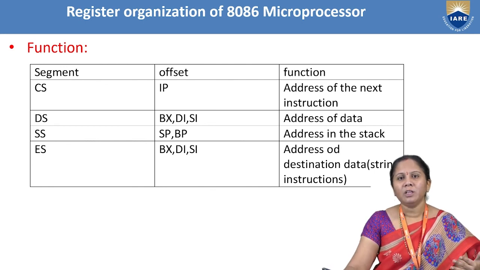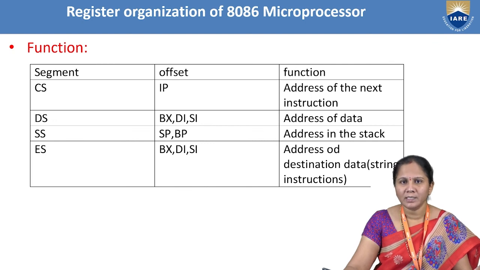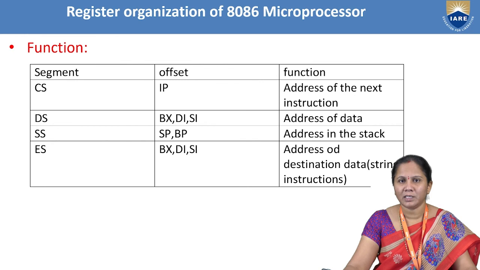Here all the 14 registers have been discussed, and we have seen the purpose of each register, what can be stored using which register, and in which addressing mode which registers can be used. In order to calculate the physical address, we need the segment address and the offset address.